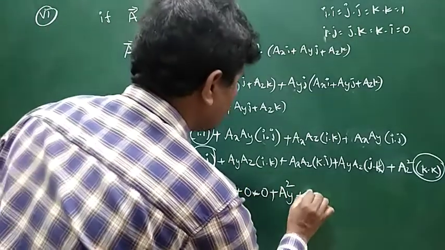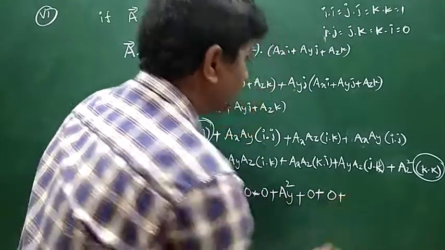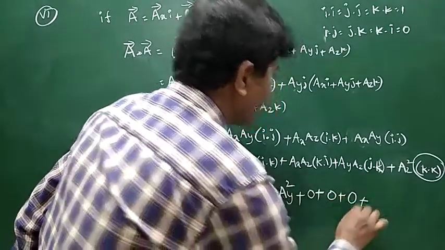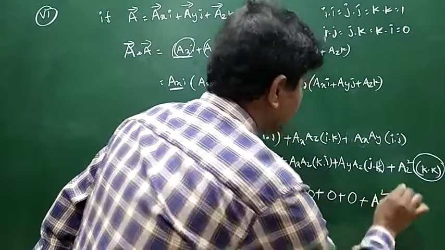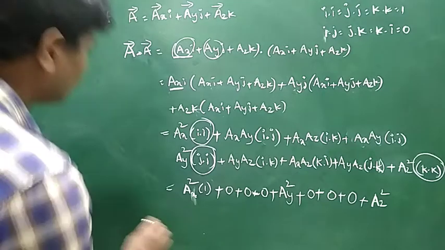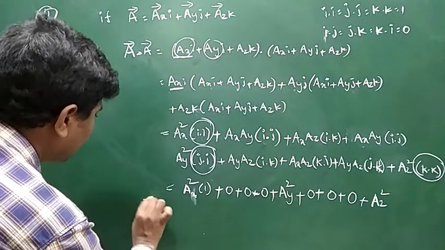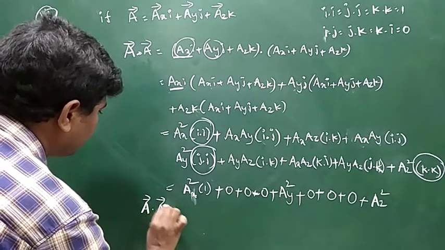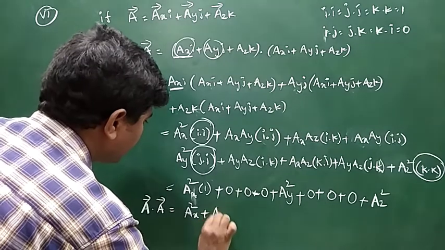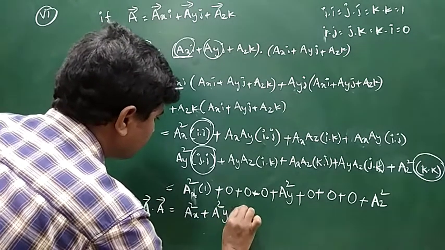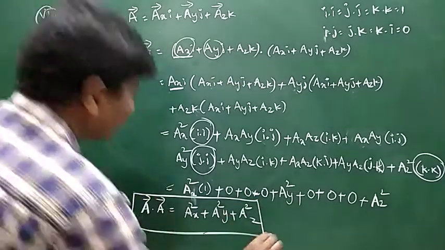Anything into 0 is 0, and finally k dot k is equal to 1, az square. Therefore a bar dot a bar equals ax square plus ay square plus az square. This is the answer when the two vectors are equal.